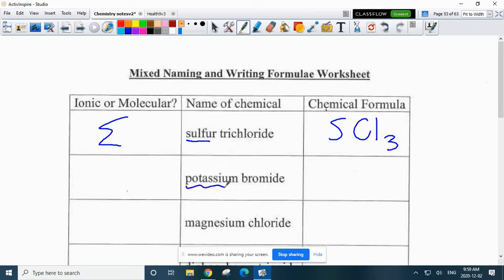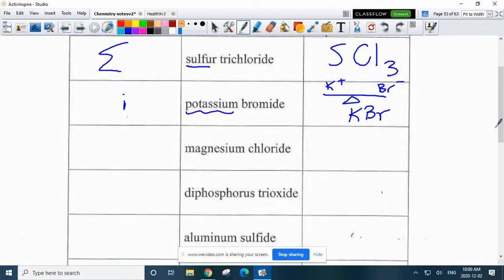The next one starts with the metal, so I know that that's ionic, and then I have to balance it out. So K+ Br-, and my formula is just KBr because it's already balanced out. Next one, magnesium chloride. Magnesium is a metal, so I know it's ionic.